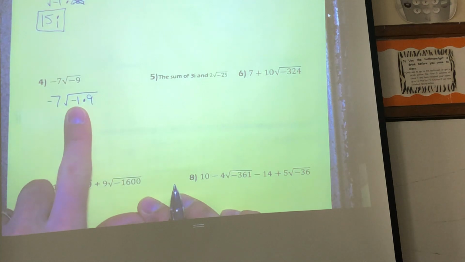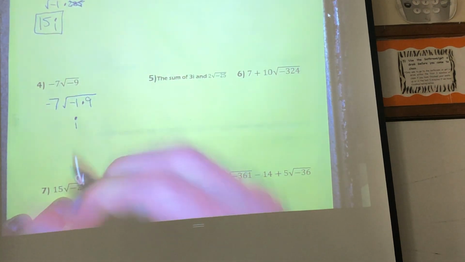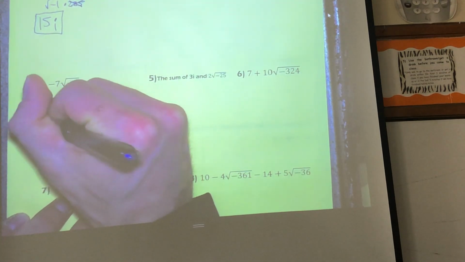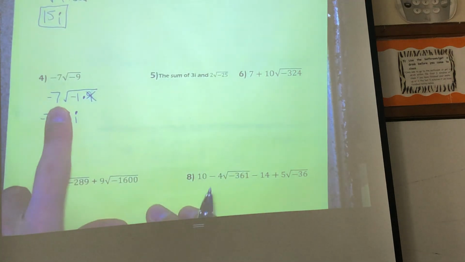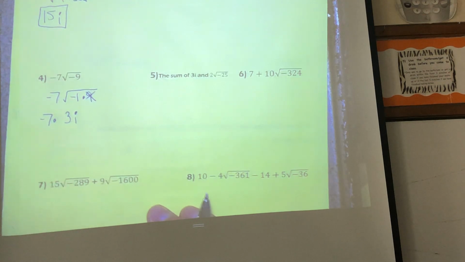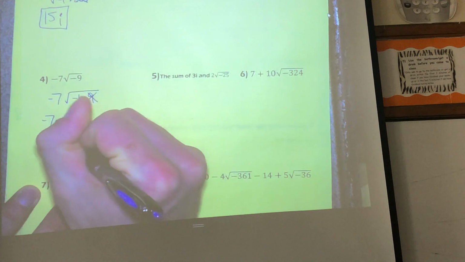The square root of -1 comes outside the radical as an i. 9 is a perfect square, so that comes outside as 3i. Bring down this -7. Now this -7 is multiplied times the radical. That's why we multiply these two. You have -7 times 3i, which would give me -21i.